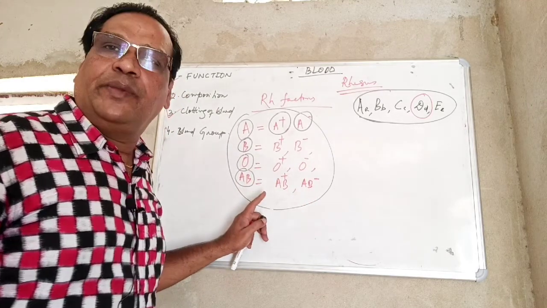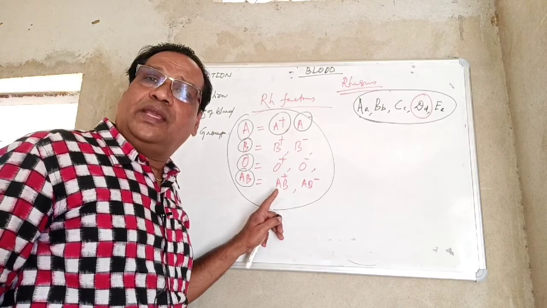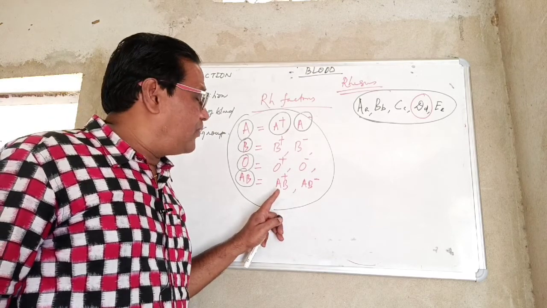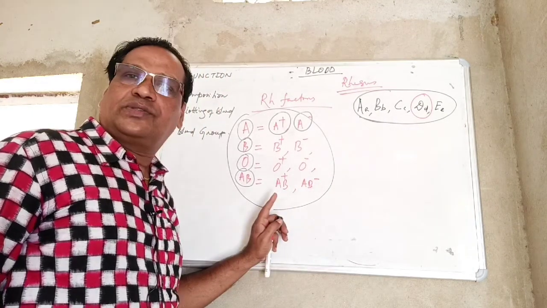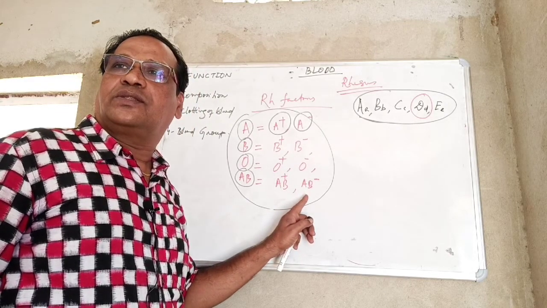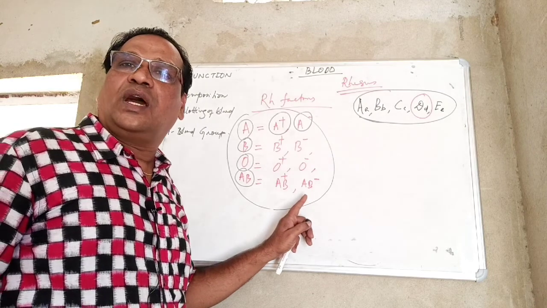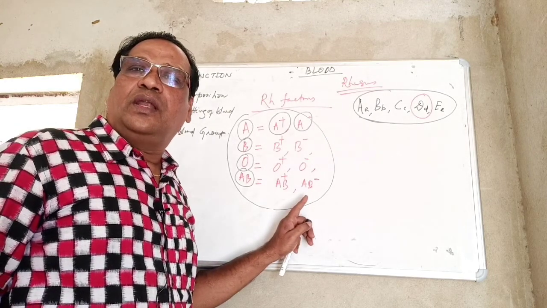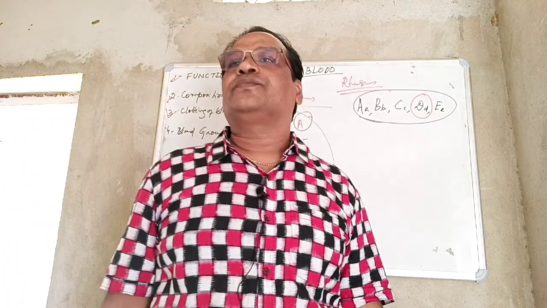In the AB group, if the D protein is present, that is AB plus. If the D protein is absent, then that is AB minus. So this is the distinguishing of Rh factor due to the presence of D protein in RBC.